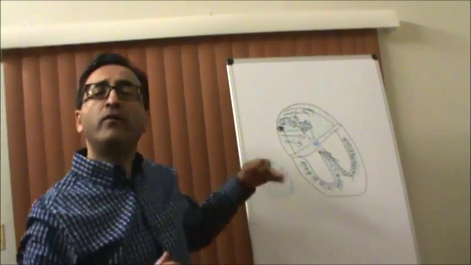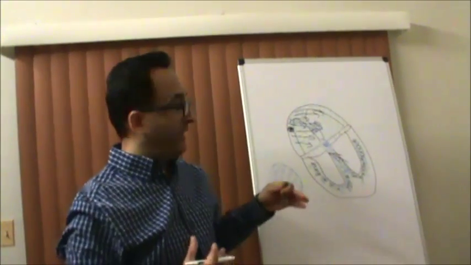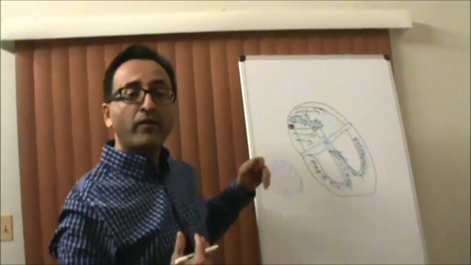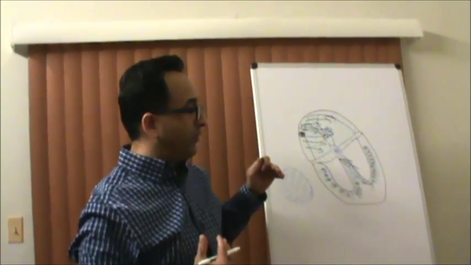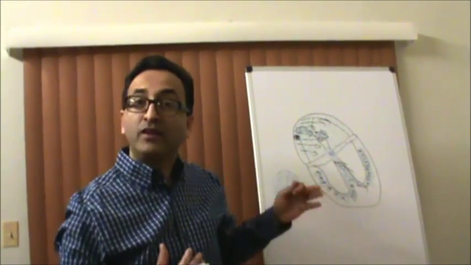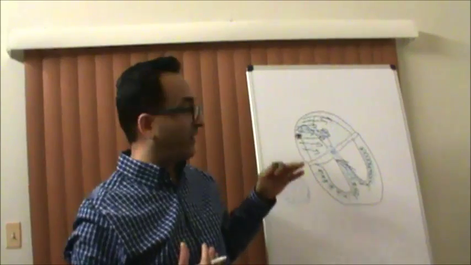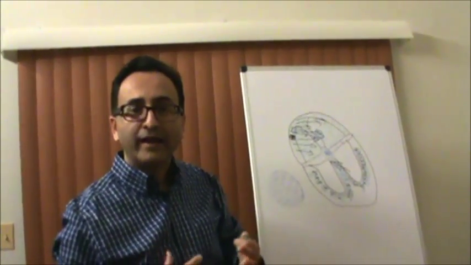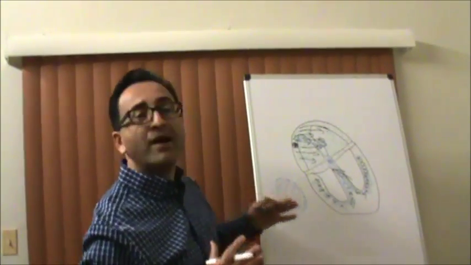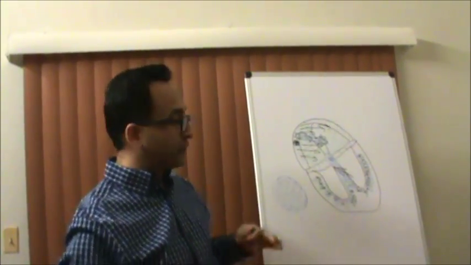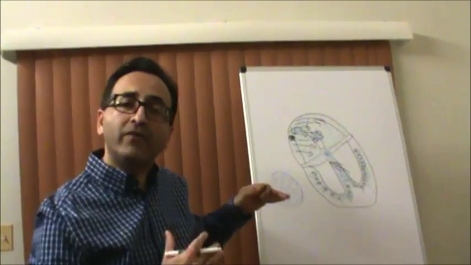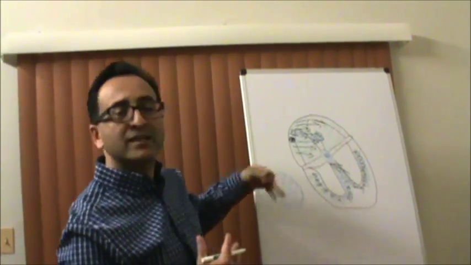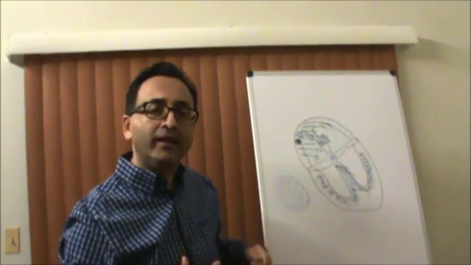So when multiple vectors are generated, if the left ventricle is 3 times thicker, obviously the vectors generated by the left ventricle are more powerful, very, very big. And likewise the right ventricle also is being depolarized, so the vectors are also generated there as well.